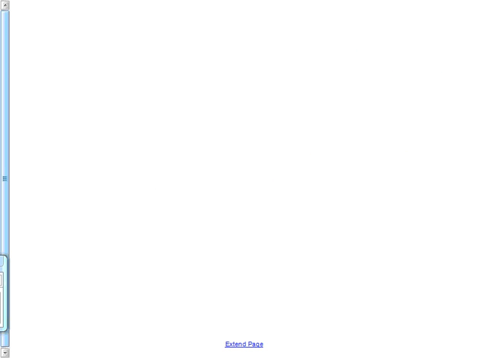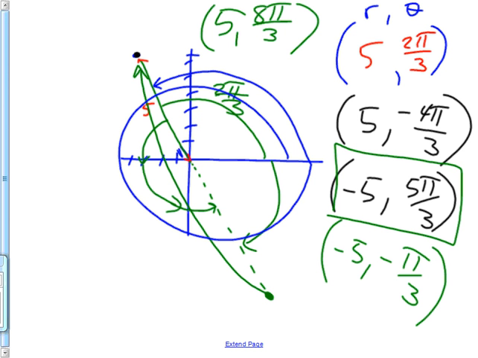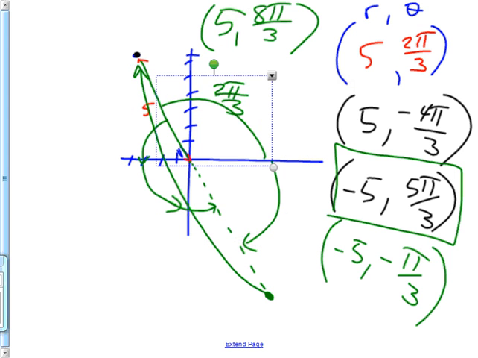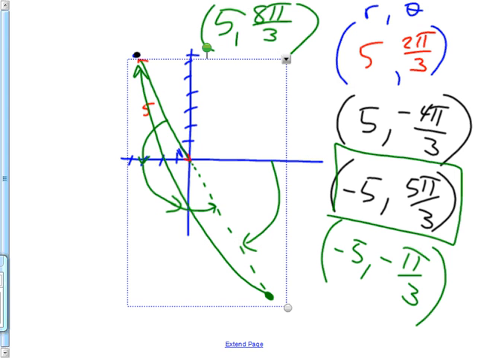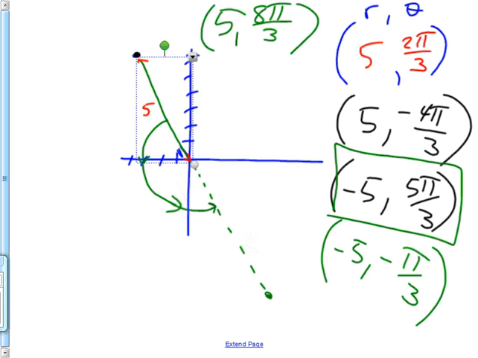Good. Oh, wait. Back to this other one. This same spot. Remember how I said you could get there with rectangular or you could get there with polar? Well, there's a gajillion ways to get there with polar. Would you please tell me what the rectangular coordinates are then?